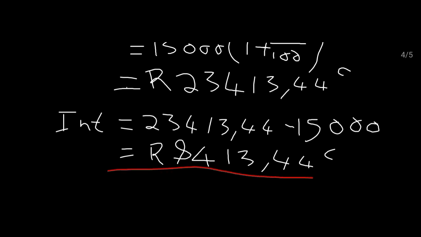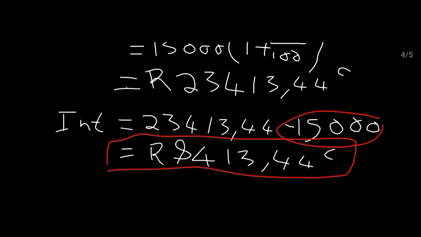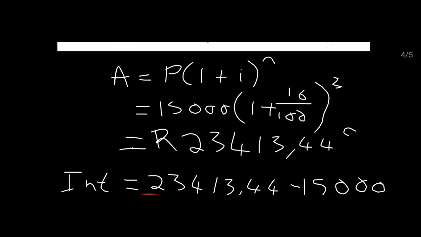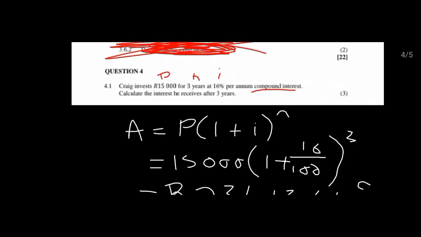This is your interest. So the person started by investing 15,000 and ended with 23,000, and the interest they were given, the interest earned, is 8,413 rand 44 cents.